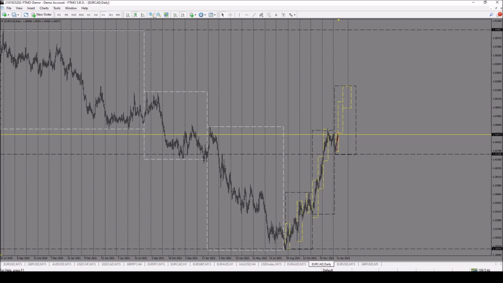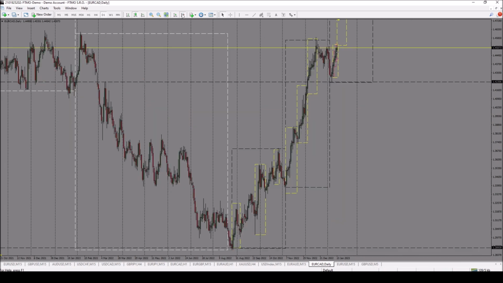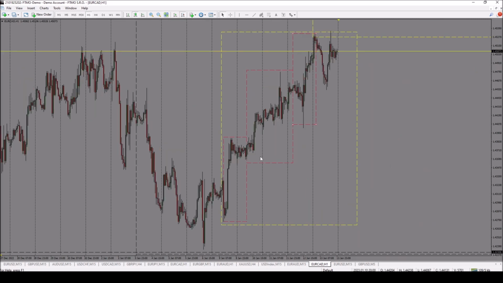This is what we are expecting to see. First H4 level in the daily time frame, second, and then third. So our entries are going to be entries that follow the cycle.